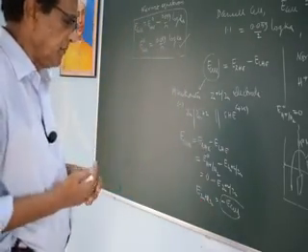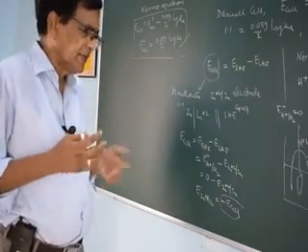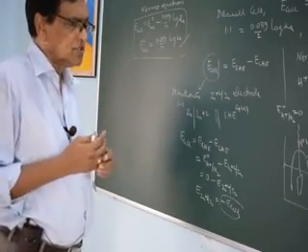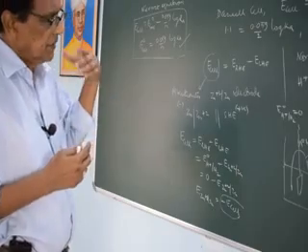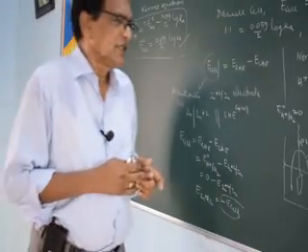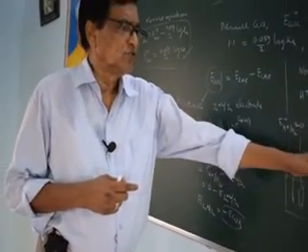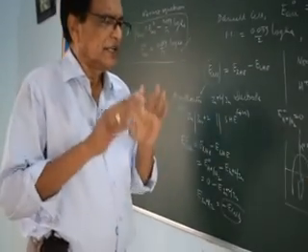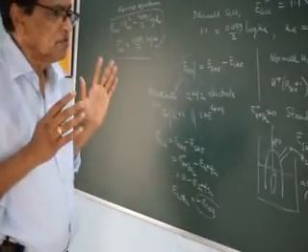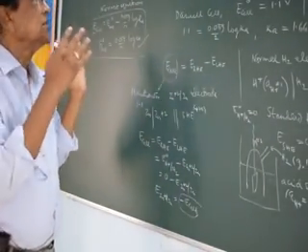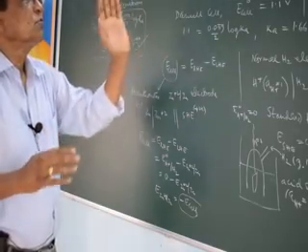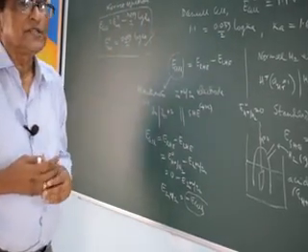In this way, the potentials of all other electrodes are also determined by using this standard hydrogen electrode, whose potential is 0 at any temperature. So this is all about the Nernst equation and electrode potential, its origin and determination.